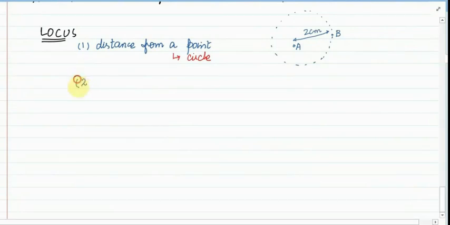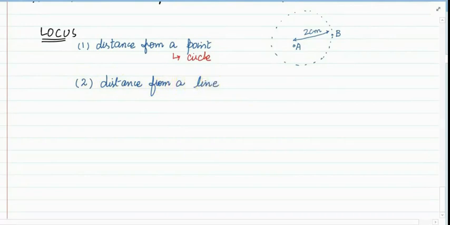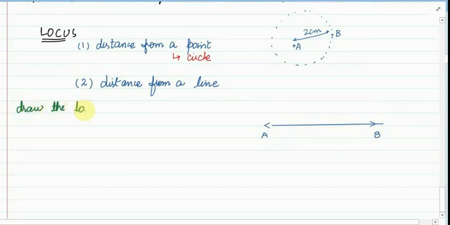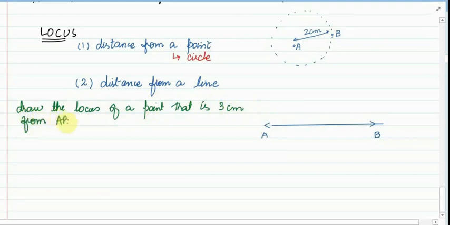Second condition, distance from a line. Now let's suppose we have a line AB, and the question says draw the locus of a point that is 3 centimeters from AB.